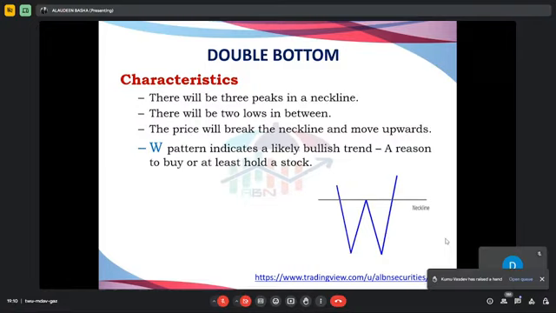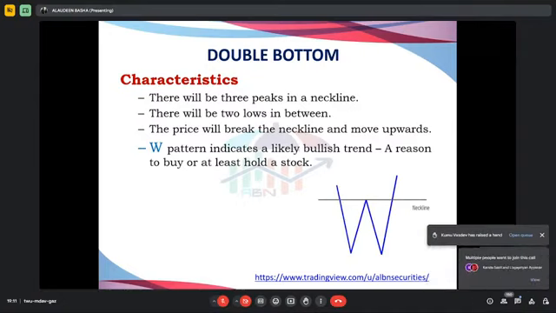For example, consider HDFC Bank trading at 1,000 rupees at 11 o'clock for intraday. Around 11:30 or 12 o'clock, the same price of 1,000 rupees is reached again at 12 o'clock or 1 o'clock. It is called a double top.